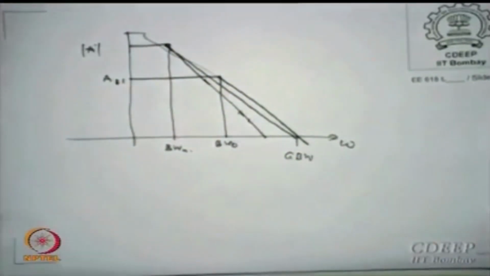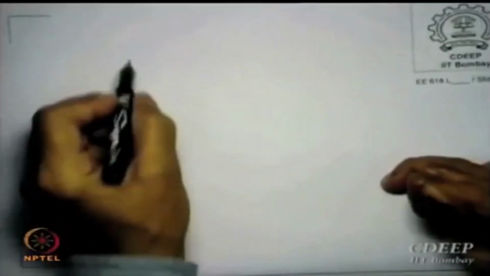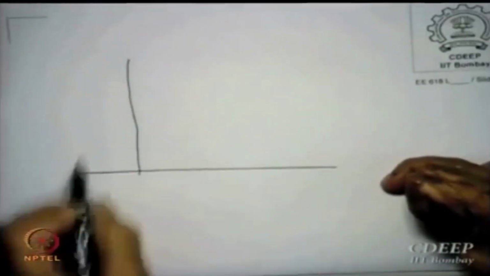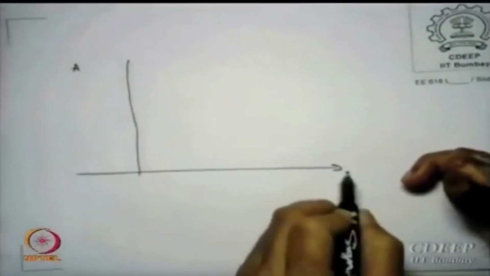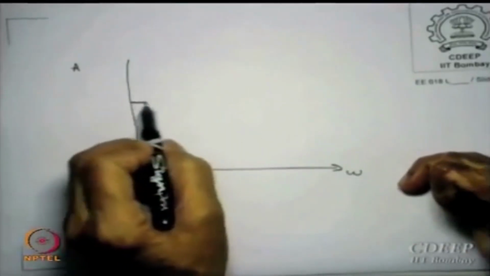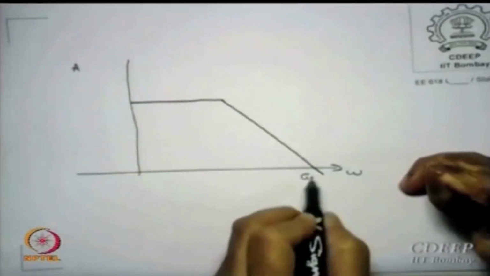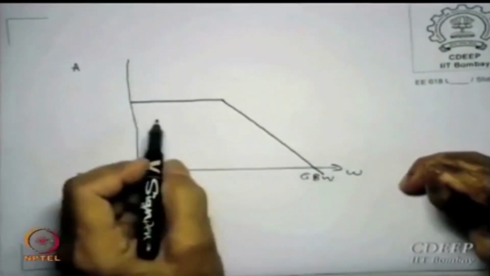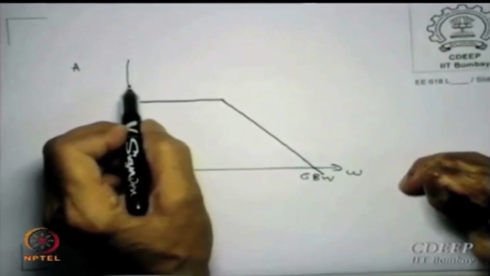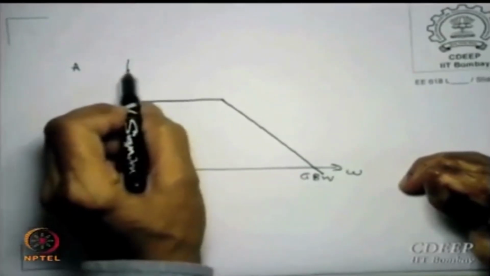Now if I do the same thing for cascode, what I am doing is the following: A versus omega. This is my normal single stage amplifier, okay. Now I am boosting the gain, I am going from here to here.